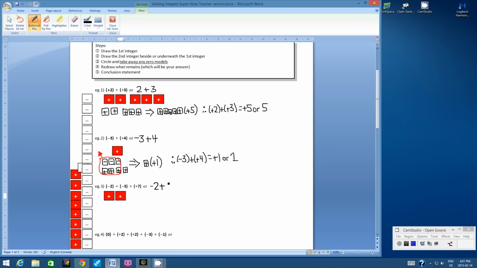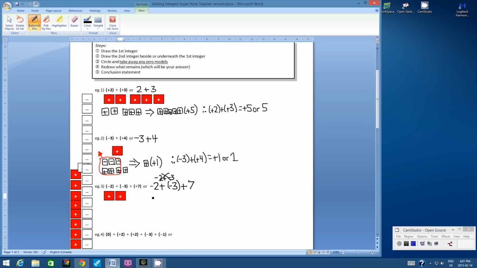So if it's not the first integer, we have to leave it with the brackets, or else it'll look like this, -2 plus -3 without the brackets. This is very confusing. This is not what we want. And then we have an addition statement, and then we're left with +7. Now remember, the rule is, with positive integers, we want to get rid of the brackets and the positive sign, so we're left with +7.